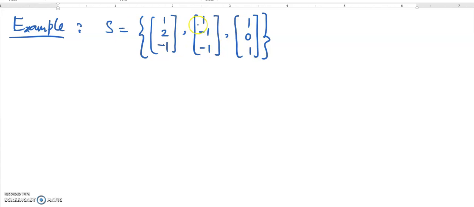If we have a subspace of this 1 2 minus 1, 1 minus 1 minus 1, 1 0 1, you can actually verify that this is a valid subspace. These 3 vectors are independent of each other, and we have U, 2 1 1.